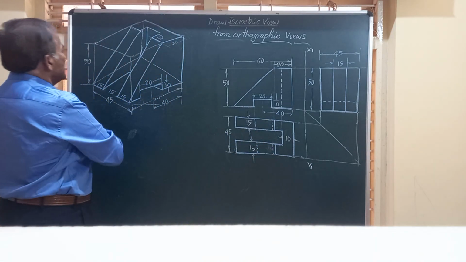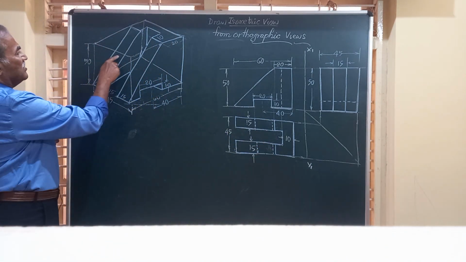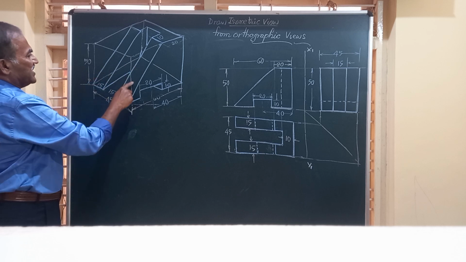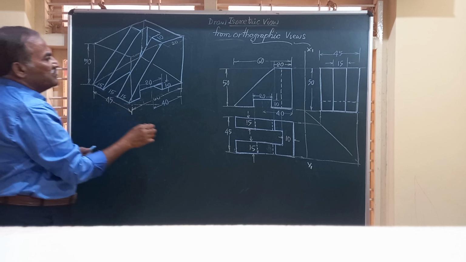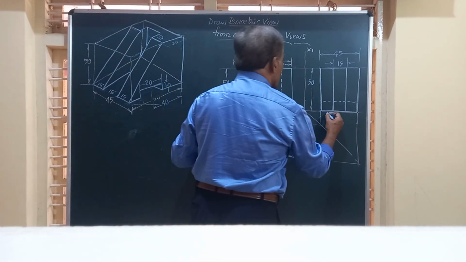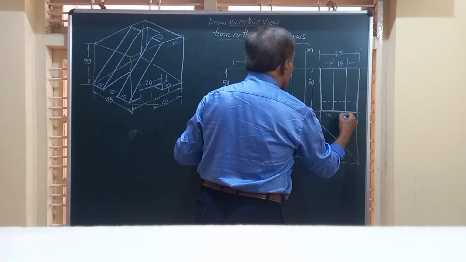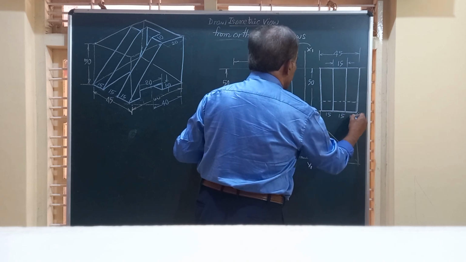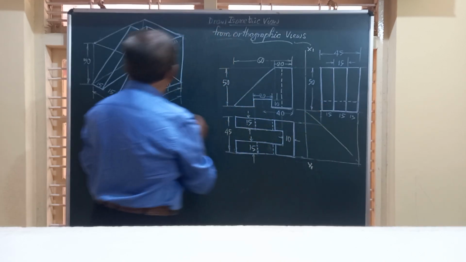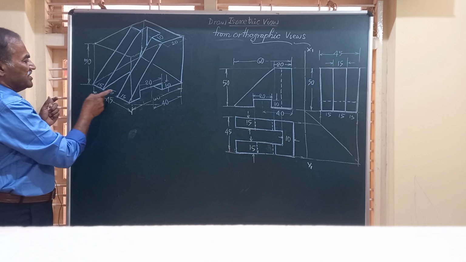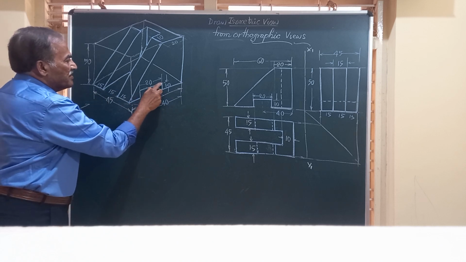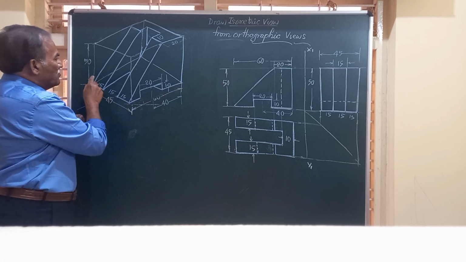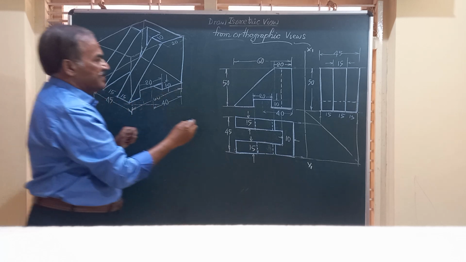Friends, if you see in the end view, you can see one sloping surface, second sloping surface, third sloping surface, each having a width of 15 millimeters. All these are 15 mm each. And this dotted line here is not visible in the end view, and hence at a height of 10 mm in the end view, I am going to have a dotted line here.